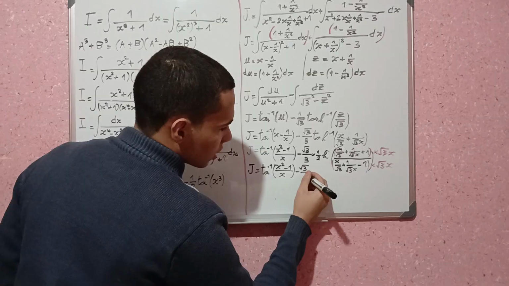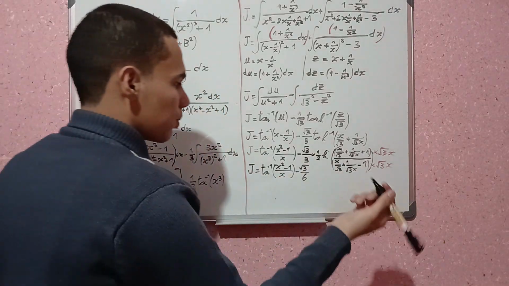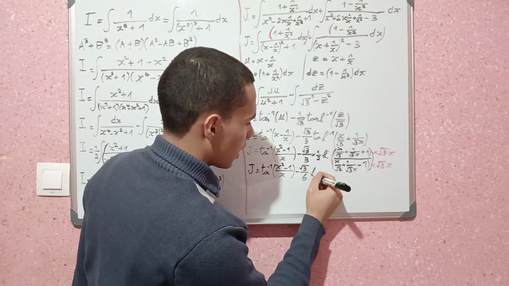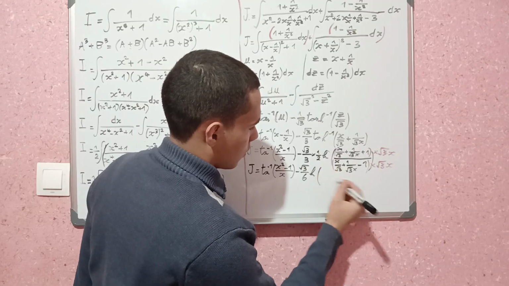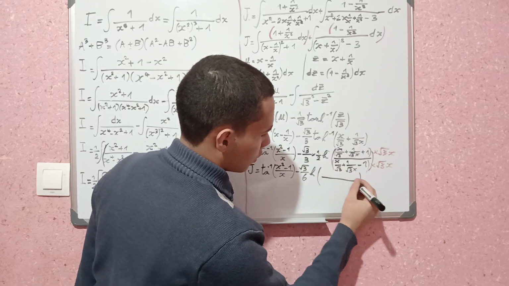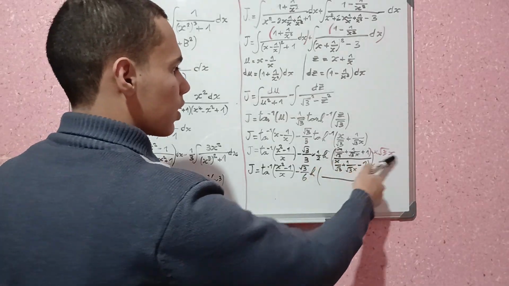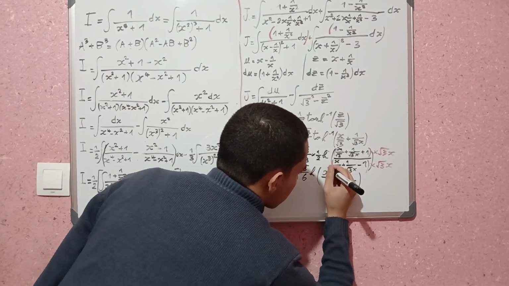Here it will be just over 6, because 3 multiplied by 2 is 6. Then we have the ln of what? x over x square root of 3 multiplied by this will give us x squared.